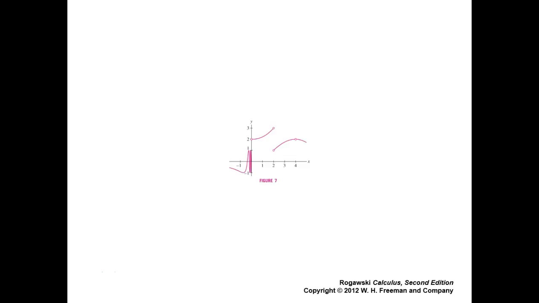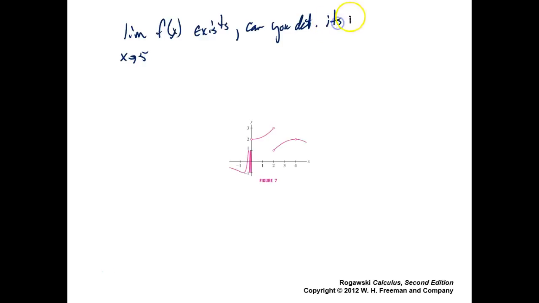If you know in advance that the limit as x approaches 5 of f of x exists, can you determine its value from a plot? I wish I had read this.